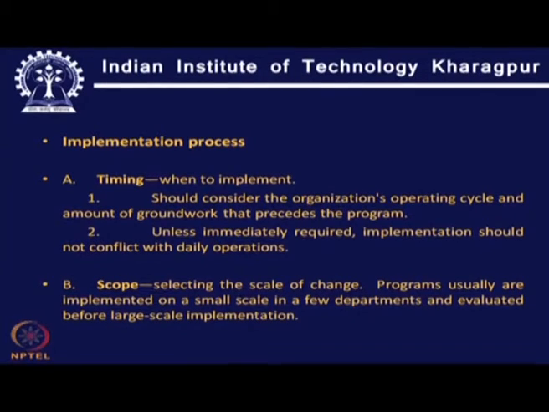And scope is selecting the scale of change. Programs are usually implemented on a small scale in a few departments to see how it is working, and it is evaluated, and then feedback is taken, maybe reoriented and revisited, and changes are made in the change program itself before it is implemented on a large scale across the entire organization.